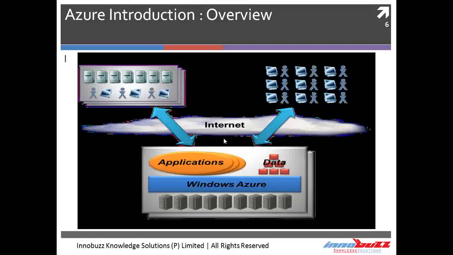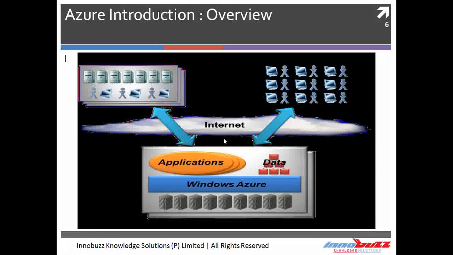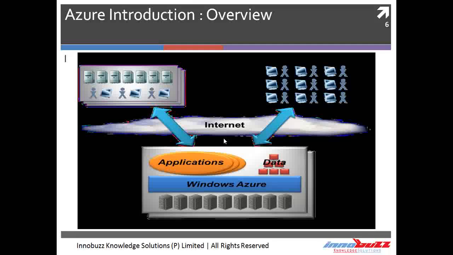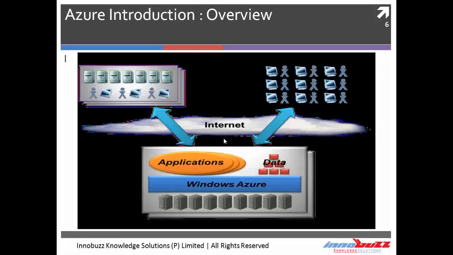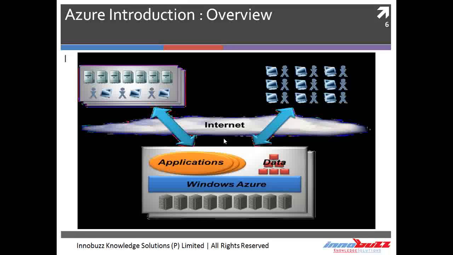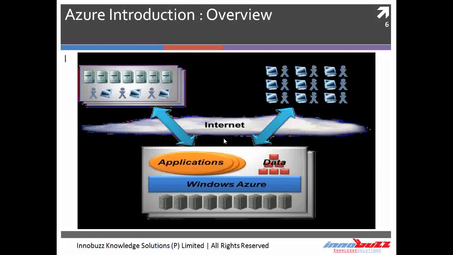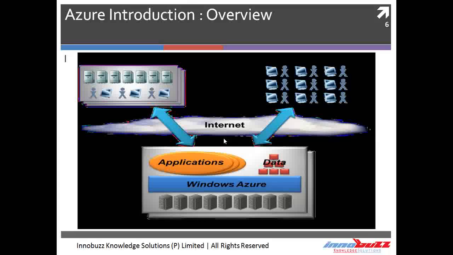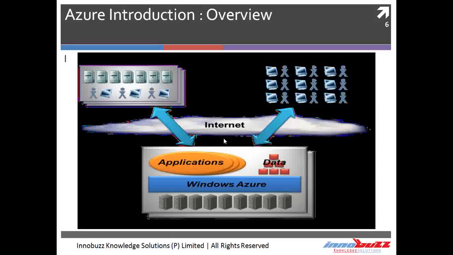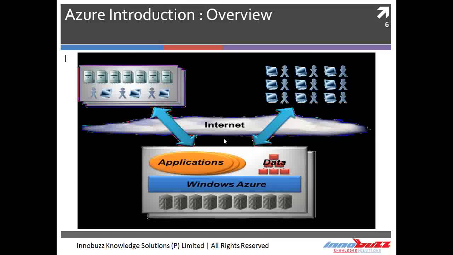Here are some examples of the kinds of applications that can be built on Windows Azure. Let's say an independent software vendor could create an application that targets business users, an approach often referred to as software as a service.